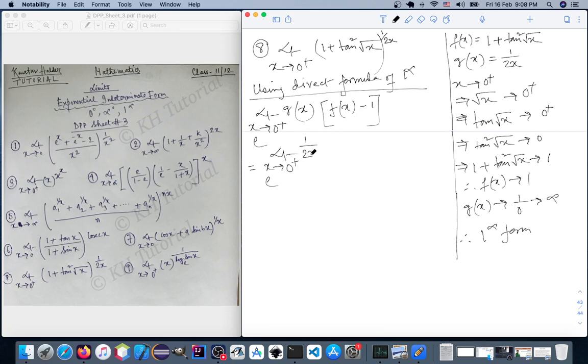This is 1 by 2x, and f(x) minus 1 is tan square root x.